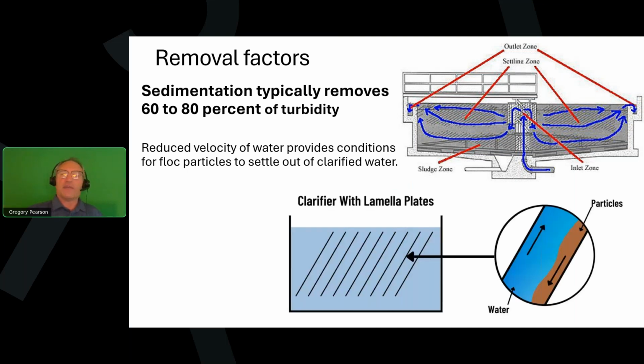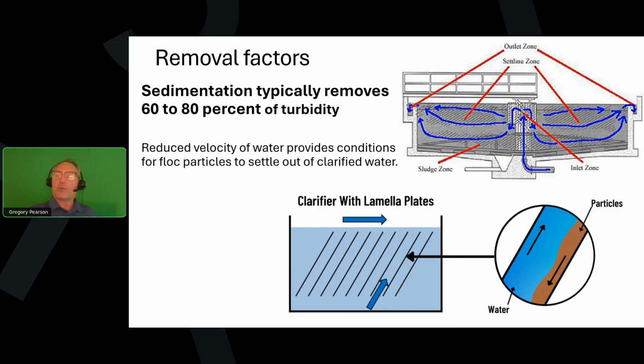You can increase the efficiency by adding plates or tubes. And as the water flows, it still has a directional flow as it's going, say, for example, from the middle of that circular tank to the outside, but it comes in contact and flows up through these plates.